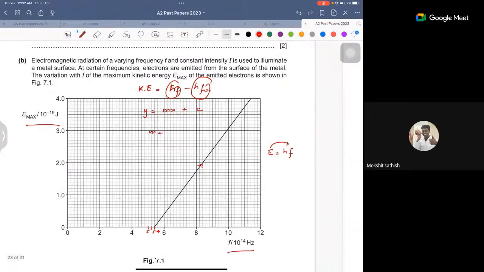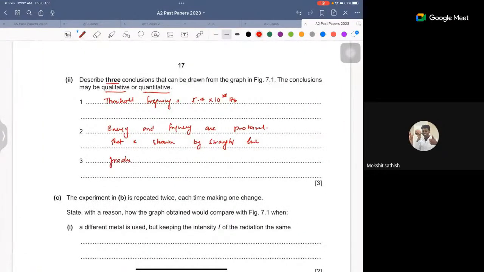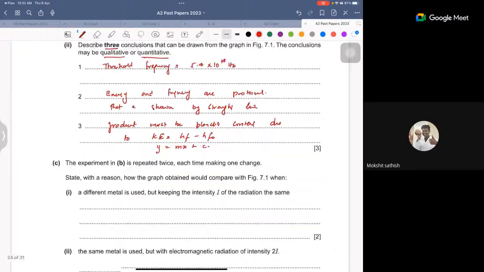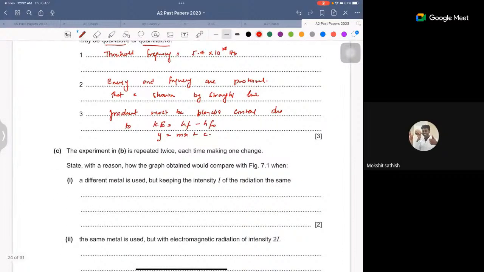So I'm going to say gradient must be Planck's constant due to kinetic energy equals hf minus hf naught by comparison with mx plus c, like that.